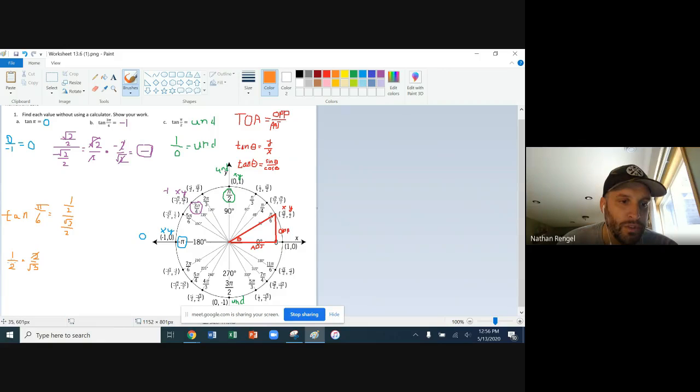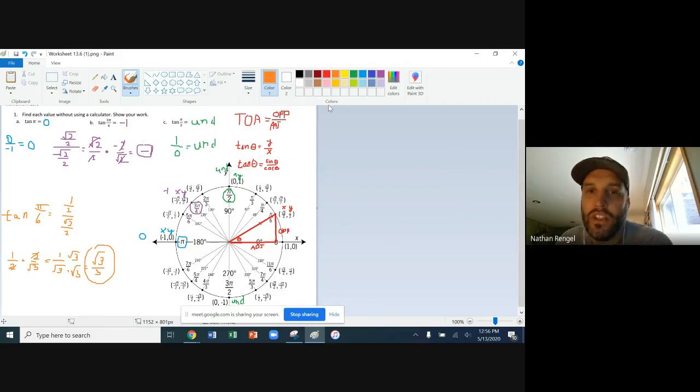The 2's reduce out, and we get 1 over the root of 3. You can't have a radical in your denominator, as we talked about in chapter 6, so you have to rationalize. We get a square root of 3 in our numerator over 3 in our denominator. So the tangent of pi over 6 is the square root of 3 over 3.